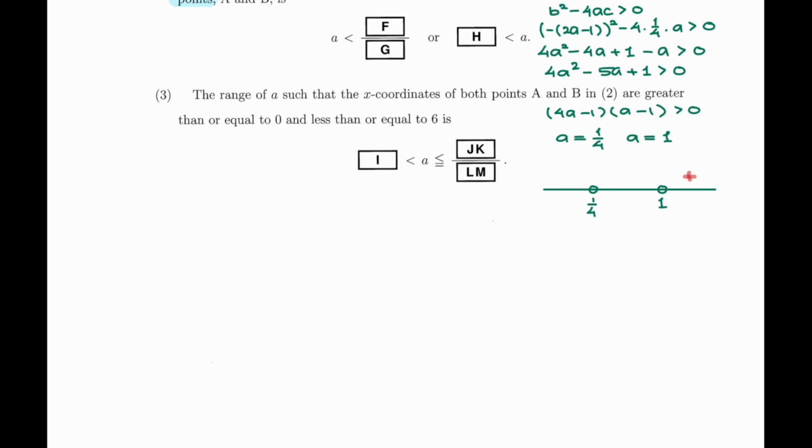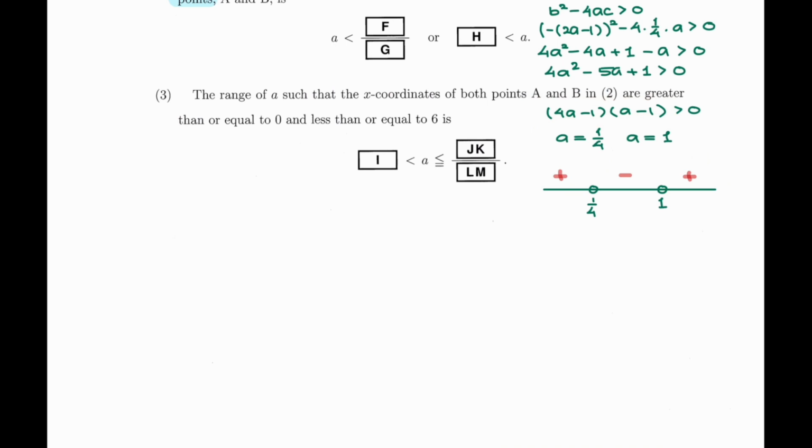By using the same method, you can check the sign in this region by substituting, let's say, a half into this expression. Then you will get a negative number, so the sign here is negative. And then the sign of my last region is positive.